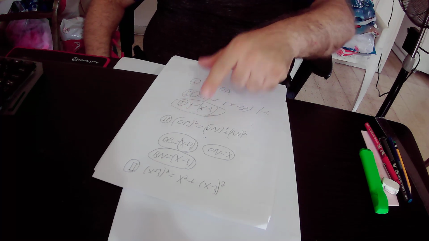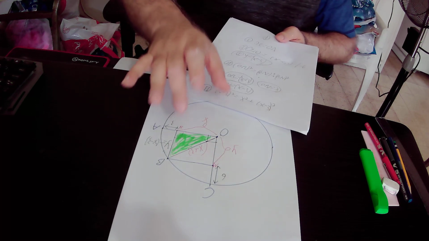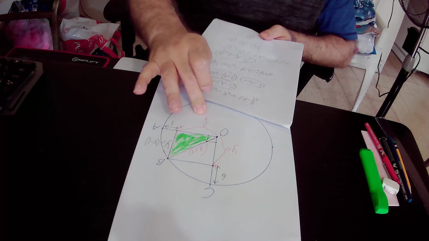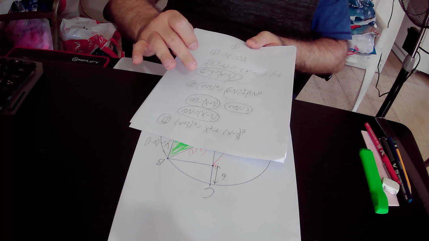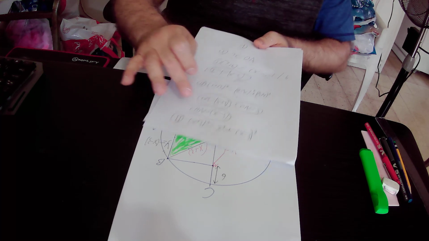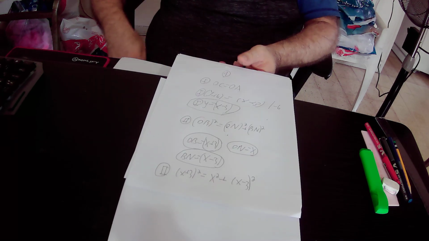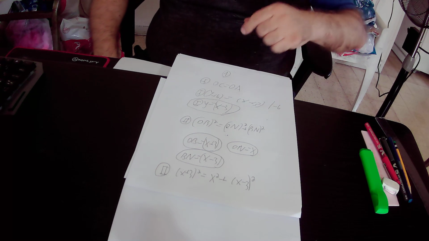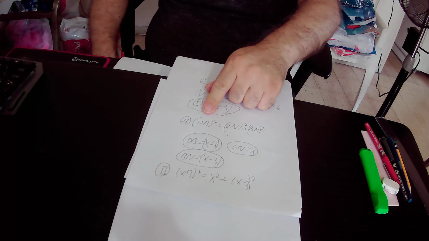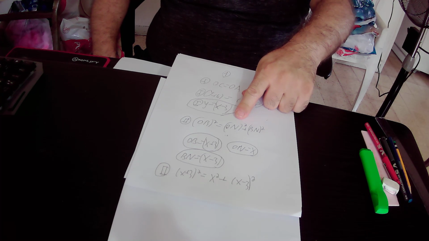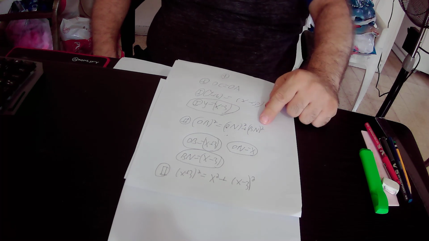But we know that OB equals x plus 3, ON equals x, and BN equals x minus 3. So we can substitute OB by x plus 3 in the second equation. We can substitute ON by x, and we can substitute BN in this second equation by x minus 3.